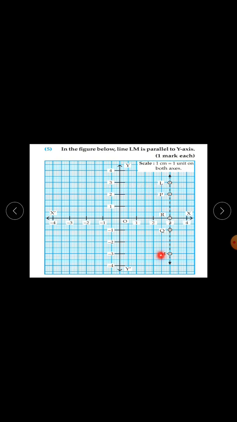For point M, the x coordinate is 3 and the y coordinate is minus 3. The x coordinate of L is 3 and of M is also 3. So, the difference between the x coordinates is 3 minus 3 equal to 0.